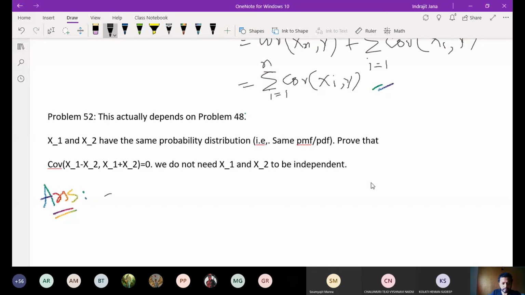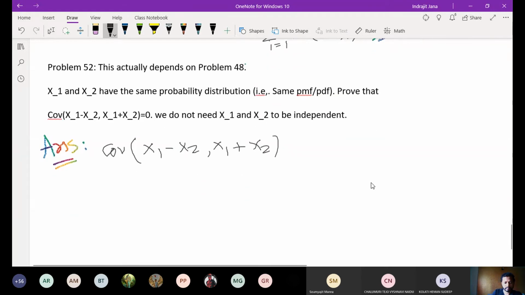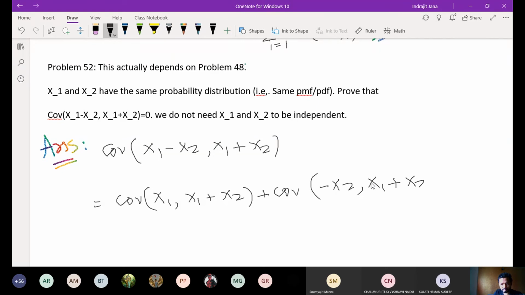So covariance of x1 minus x2 and then x1 plus x2, right? Okay. This can be written from the previous problem as covariance of x1 comma x1 plus x2 plus covariance of negative x2 comma x1 plus x2, right?